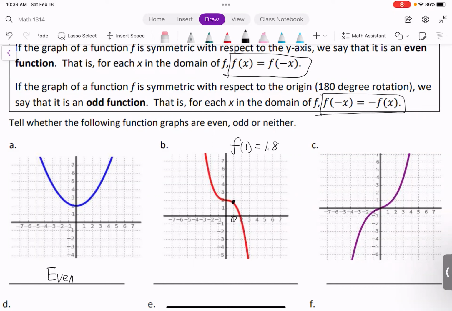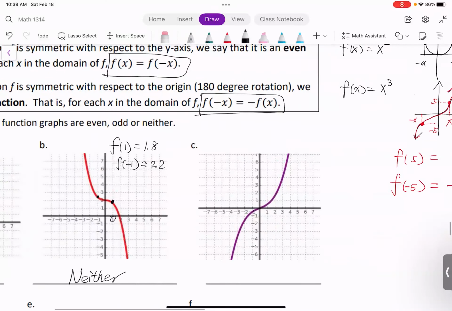And then let's find what is f of negative 1. It's higher than 2, so it's about 2.2. Are they the same? No, they are not the same. That means it's not an even function. Are they opposite, one negative, one positive? No, so neither.